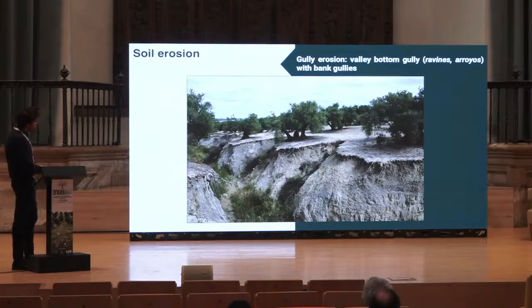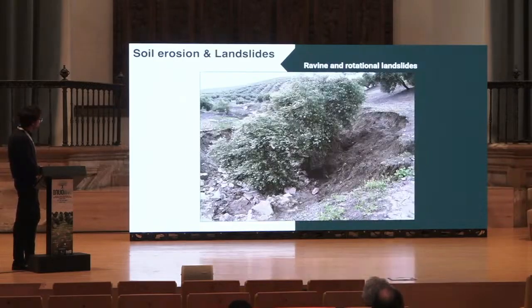Not only the small gullies in the slope are dangerous or affecting the olive grove, but also the big valley bottom gullies can have dangerous effects on the borders of the olive groves.